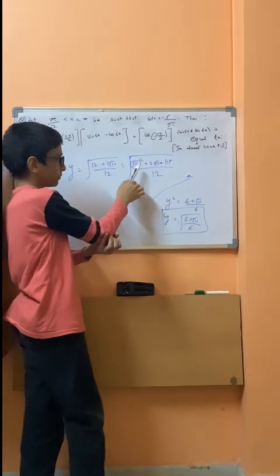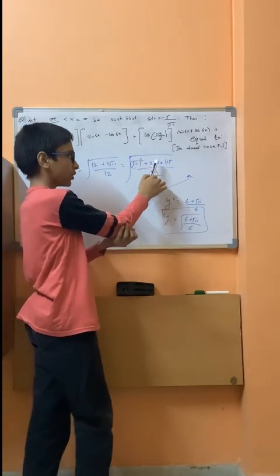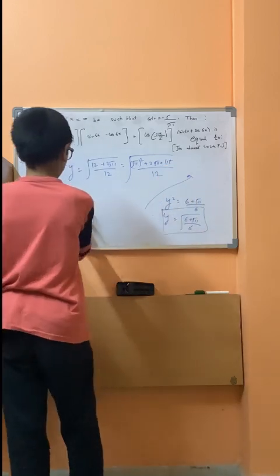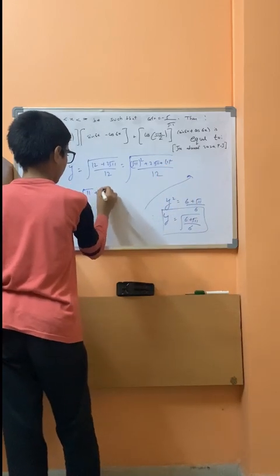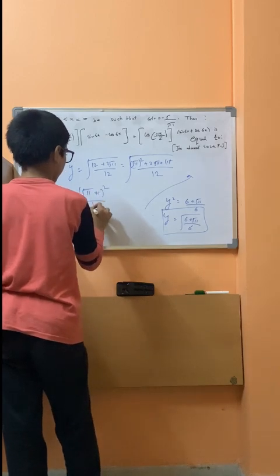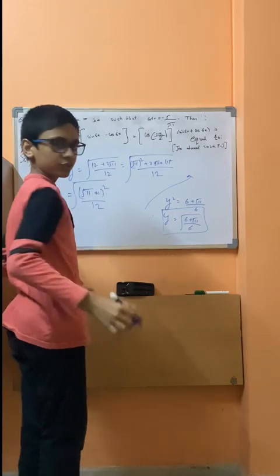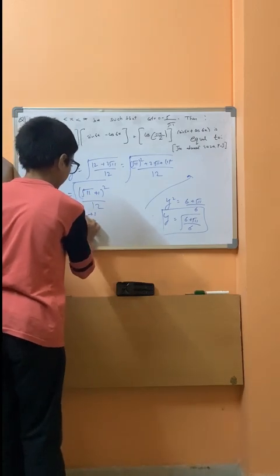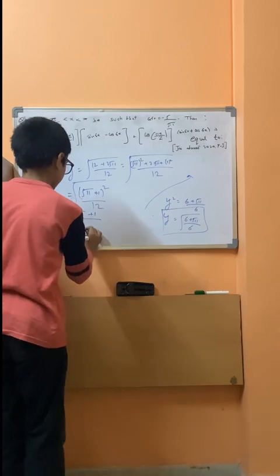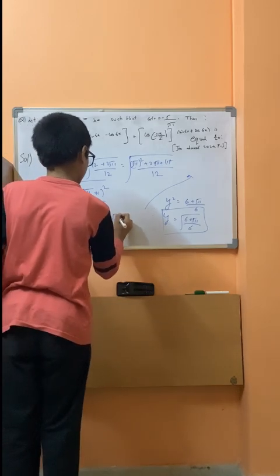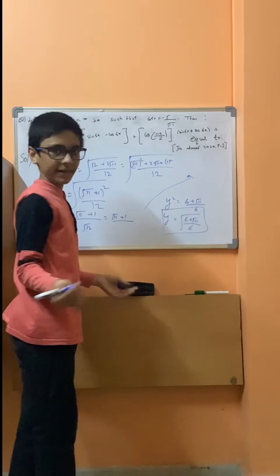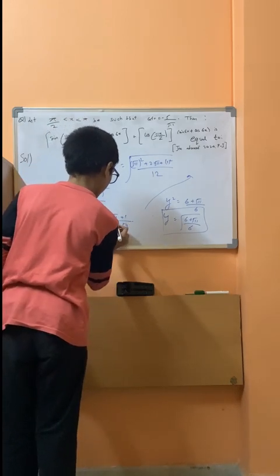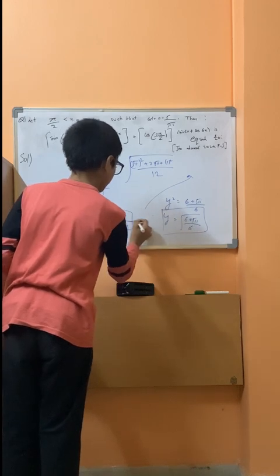So this is a square plus 2ab plus b square, which is just a plus b whole square. So it's root 11 plus 1 whole square by 12 square root. So it's just going to become square root of 11 plus 1 by square root of 12, which I can write as 2 square root of 3, which is option number C.